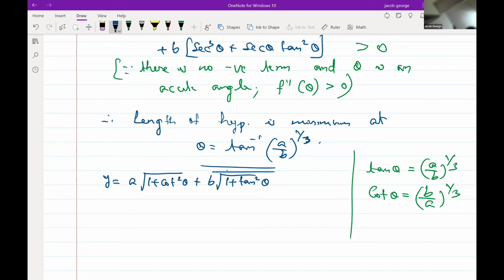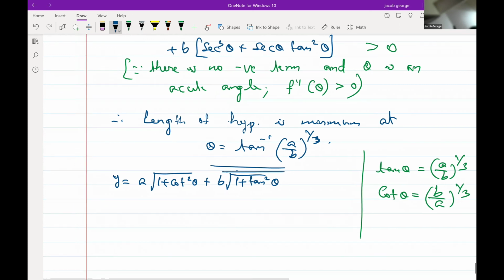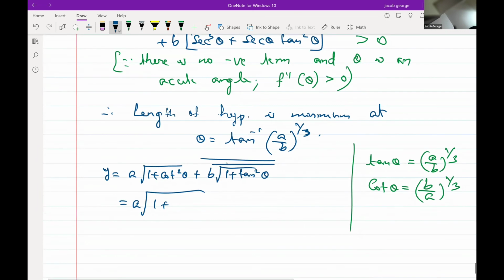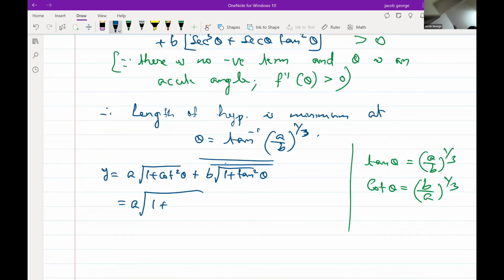Then you will get that answer: (a raised to 2 by 3 plus b raised to 2 by 3) the whole raised to 3 by 2. So this will be a into root of 1 plus (a by b) the whole raised to 1 by 3, or this is b by a, cot theta is b by a, (b by a) the whole raised to 1 by 3, the whole square, like this.